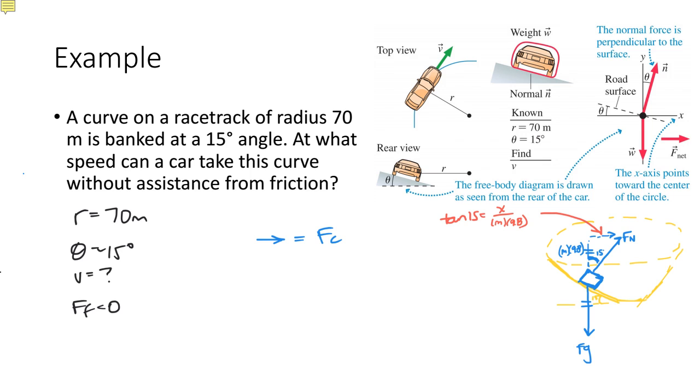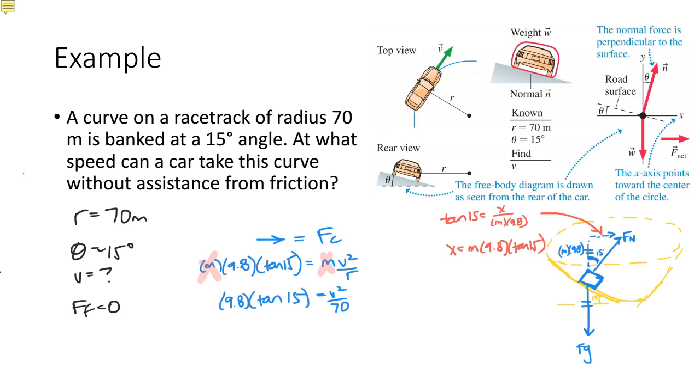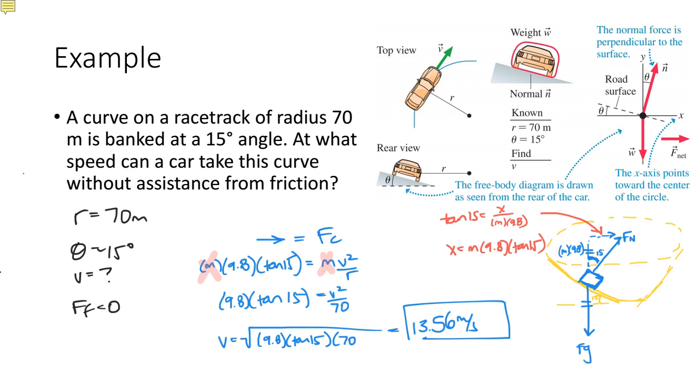I can use sine, cosine, and tangent to find that value, and I find that it equals m times 9.8 times the tangent of 15. I can fill that into my equation over here and set that equal to the centripetal force, then cancel out both the masses, fill in my radius, and solve for a velocity of 13.56, which is about 30 miles an hour.